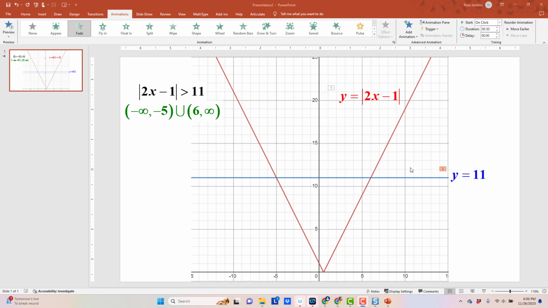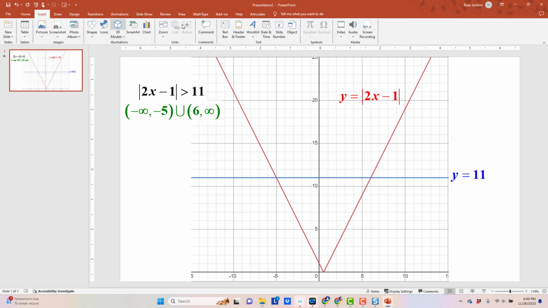Let's talk about the less than part first. Notice the part that's less than.